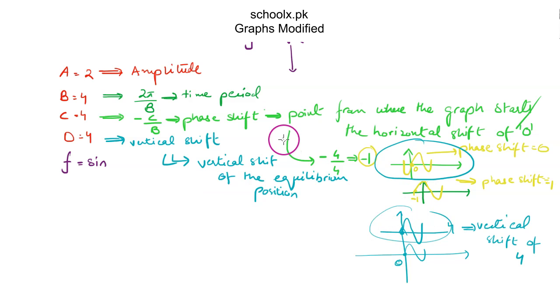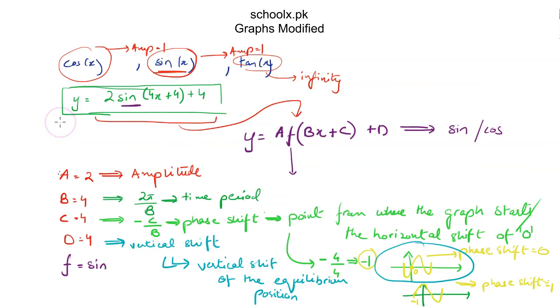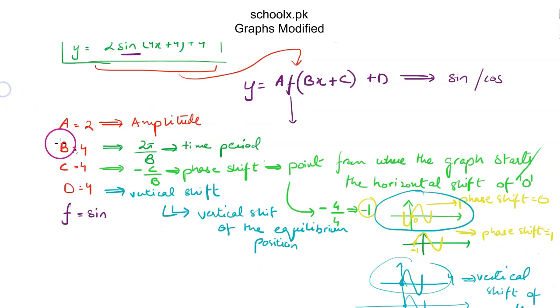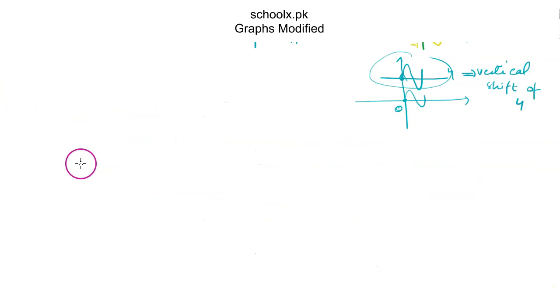Now let's draw the graph of this curve: y equals 2 sine 4x plus 4. Time period is 2 pi over b, which is 2 pi over 4, which is pi by 2. B is 4.